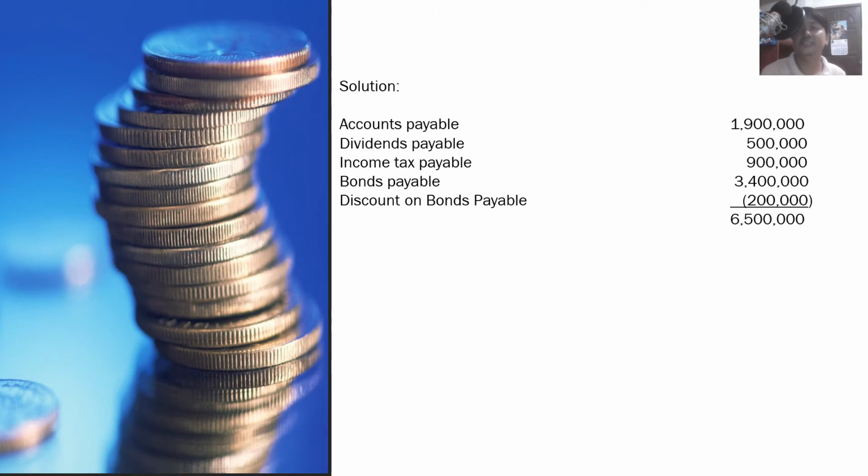Pag discount, ang liability is issued at a discount, ibig sabihin mas mababa yung issue price niya kaysa yung face value. So, yung difference, tinatawag nating discount. So, i-deduct yon. On the other hand, yung opposite nun, it is a premium, in-issue siya ng mas mataas sa kanyang face value. So, yung premium naman, it will be added.